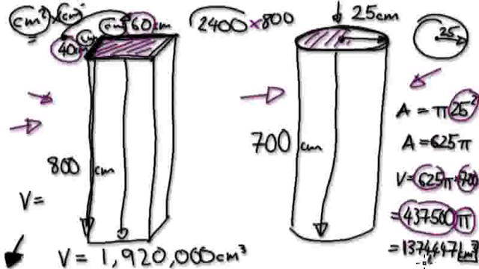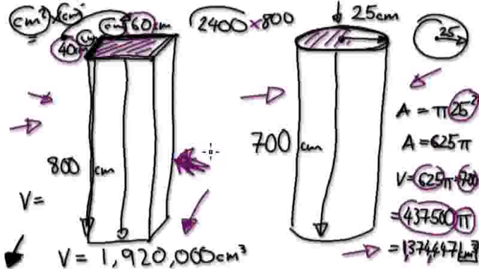Now let's split this up so we can see. So look at this here. This is 1,900,000 blah blah blah. This is 1,300,000. So you can see this has a bigger volume, because the volume of this thing here is bigger than the volume here. So this thing here needs more steel.